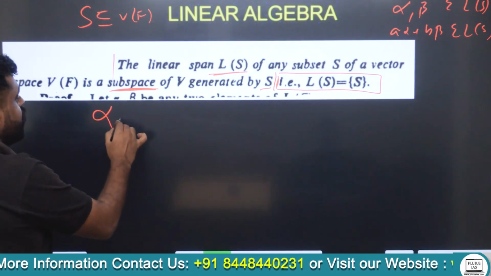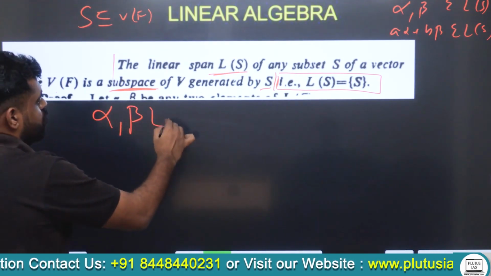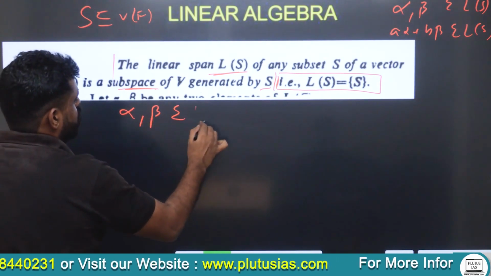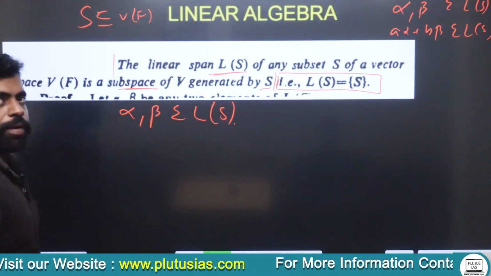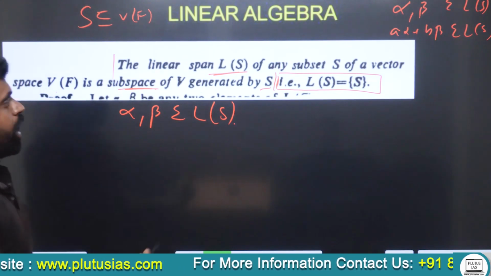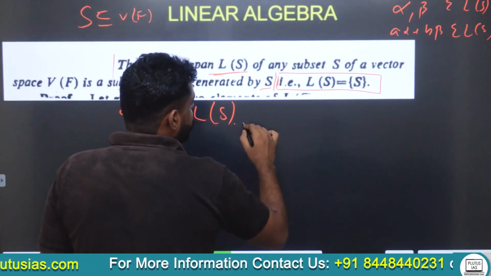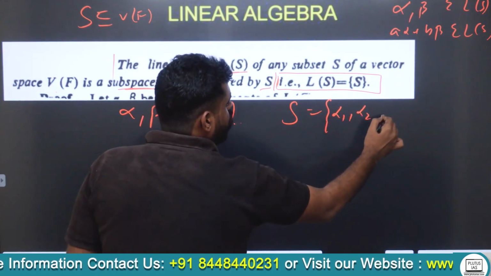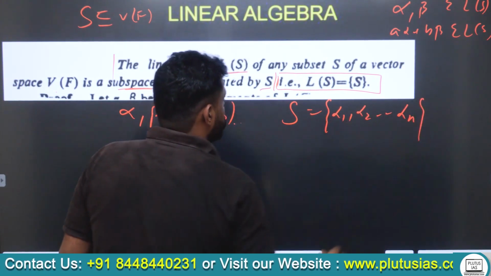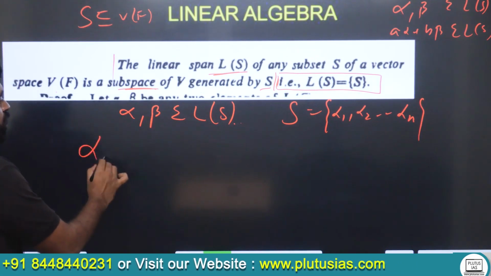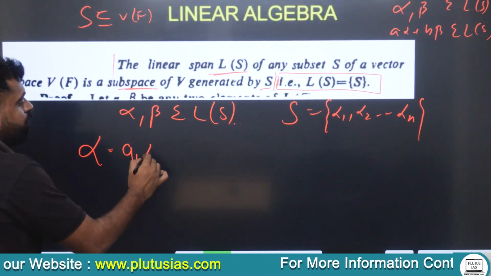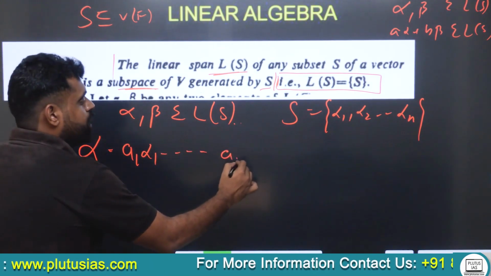We take alpha, beta belonging to LS. Okay, and let S be the set alpha 1, alpha 2, dot dot dot, alpha n. Then alpha would be what? Since it belongs to the linear span, it will be of the form a1 alpha 1 plus dot dot dot plus an alpha n.